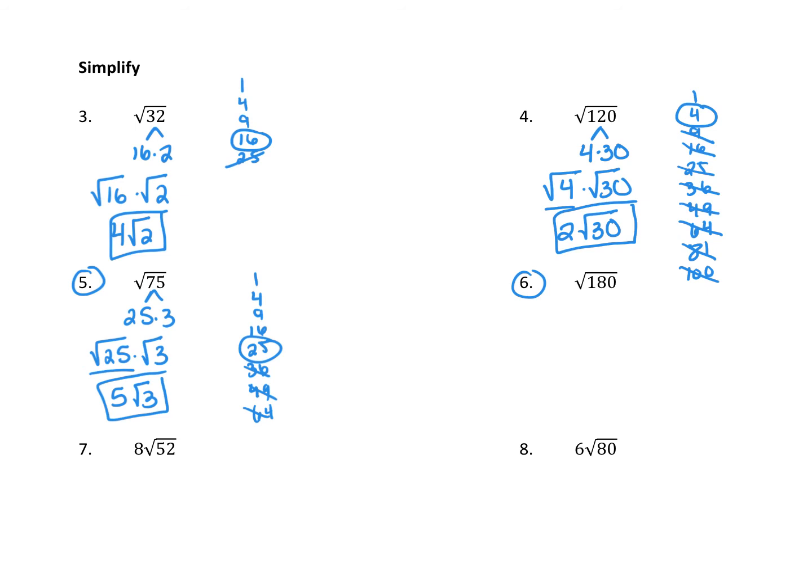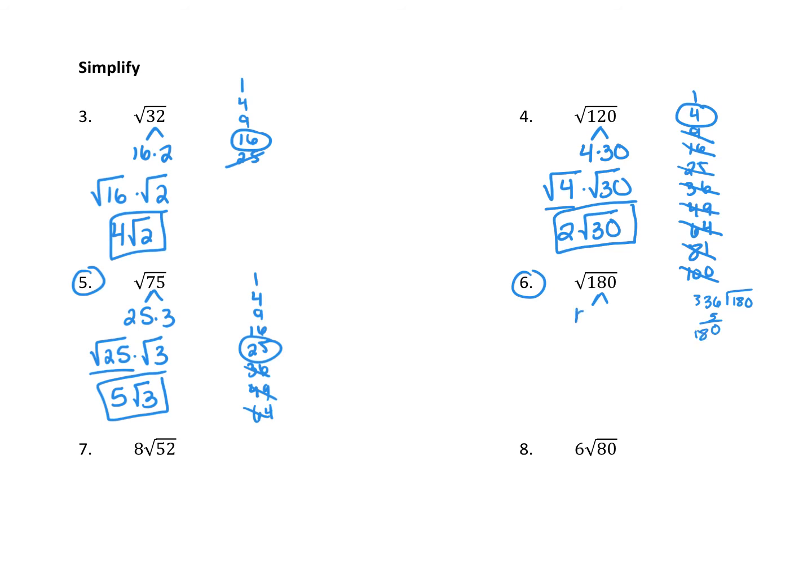In 6, we got 180. So I'm going to look at this list that I made for 120. And actually 16, I believe, goes into 180. Actually, no, before 16. 36, I believe, goes into 180. 2, 3, 4, 5. 5 times.